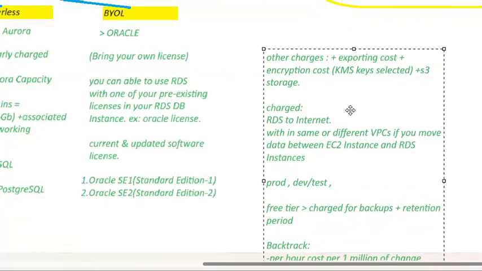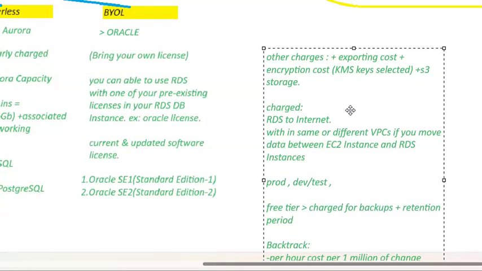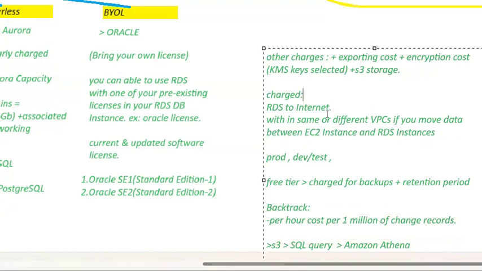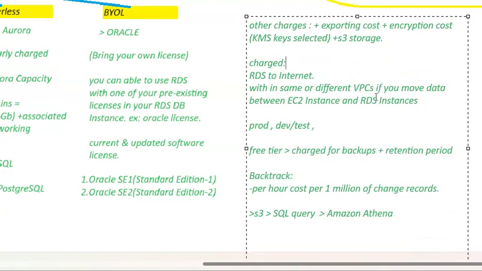So you will be charged for these two things. That is RDS to internet: if you move any data, then you will be charged. And if you move your data within the same region or different, within the same VPC or different VPC, between an EC2 instance and an RDS DB instance, then you will be charged for data transfer. So for these two things you will be charged.